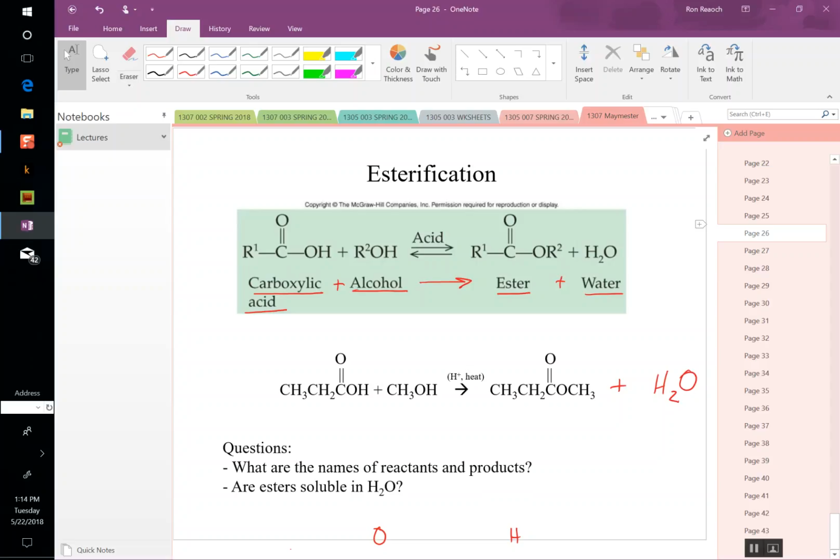You bound it to that carbon. What would this look like if this was bound to this one? You have to twist this over here.